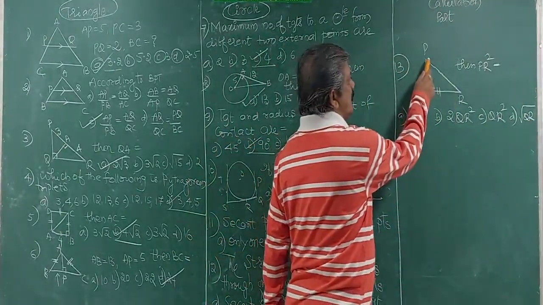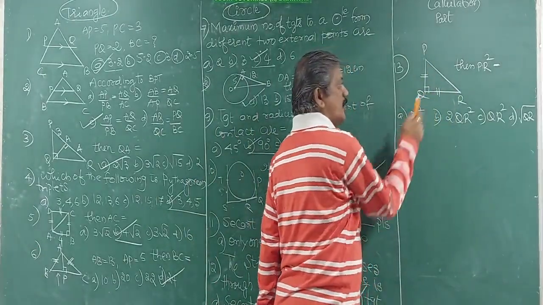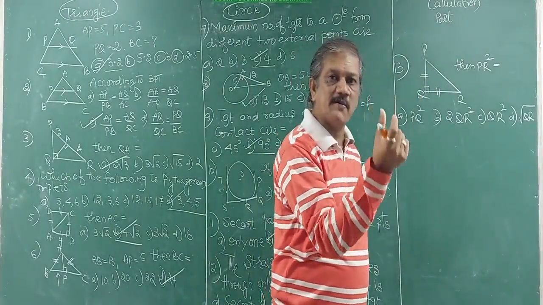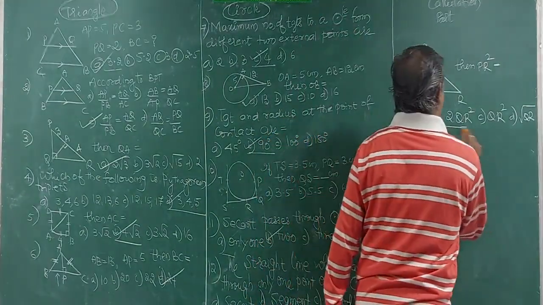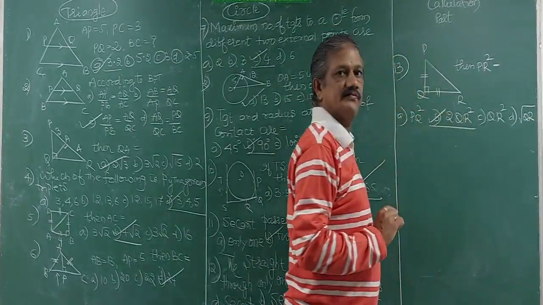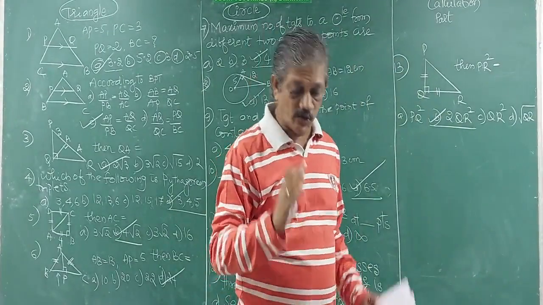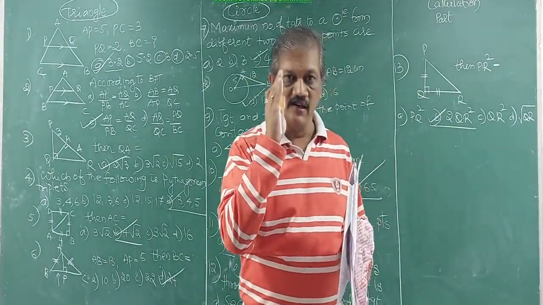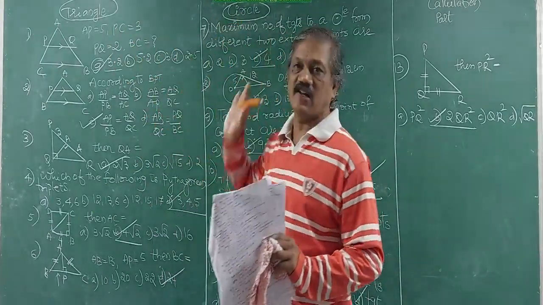The correct relation is PR square equals PQ square plus QR square. But since both are equal, PQ is replaced by QR or QR is replaced by PQ. I hope you will get B. B is the answer. Such types of questions may come across, so be alert while studying the chapters, particularly triangles and circles.